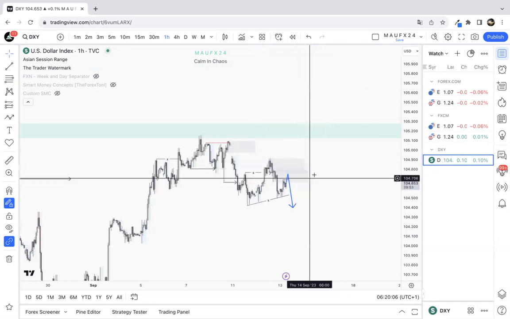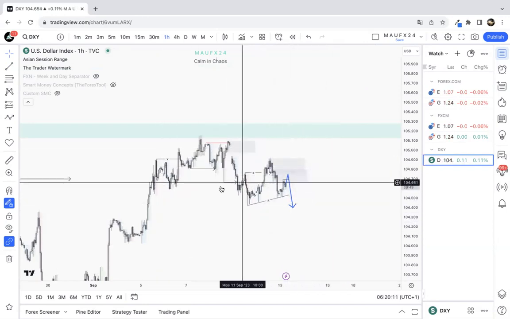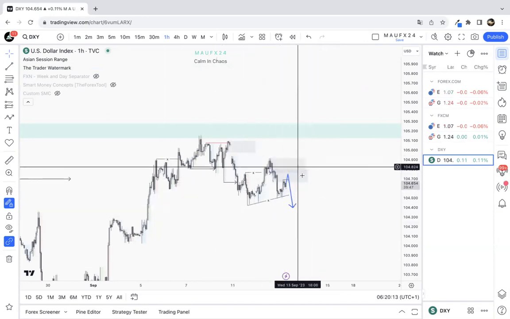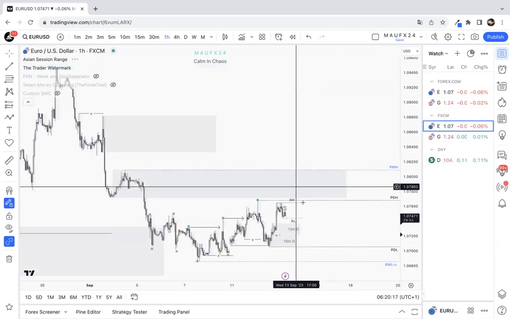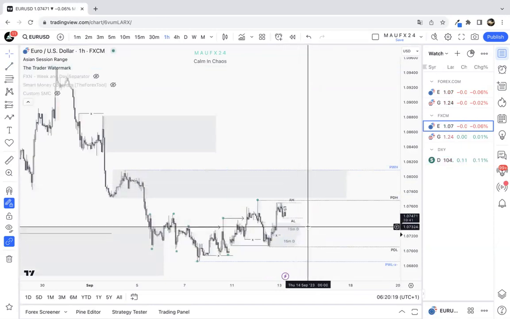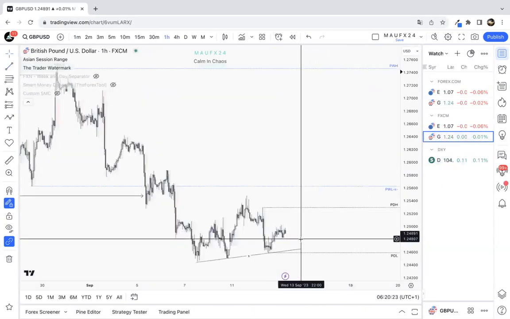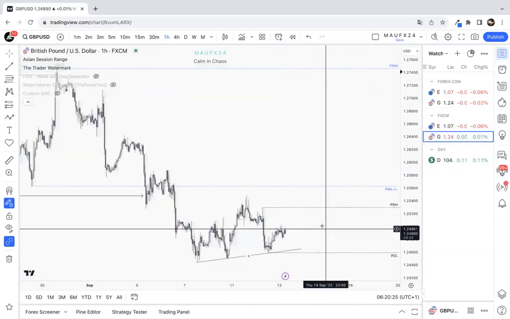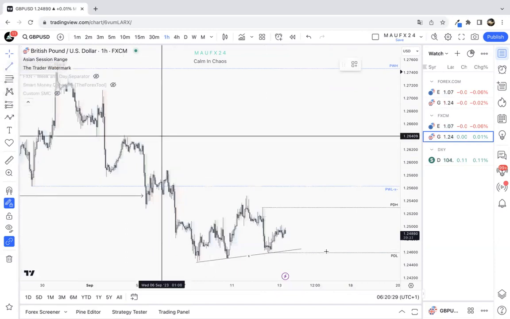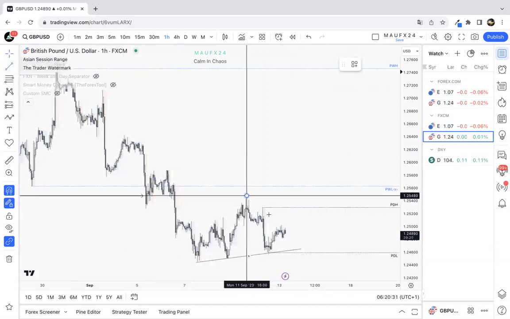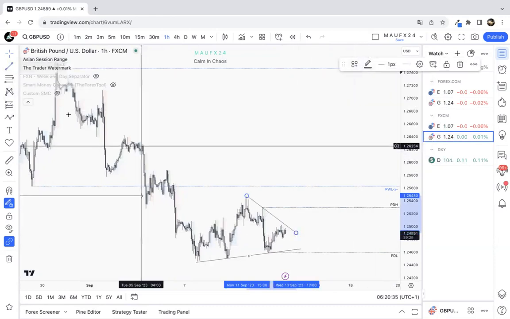Other than that, shorts on, I would look for longs below here and shorts from above here. That would mean longs from here, but yeah. Although, actually, we got liquidity building up there as well.